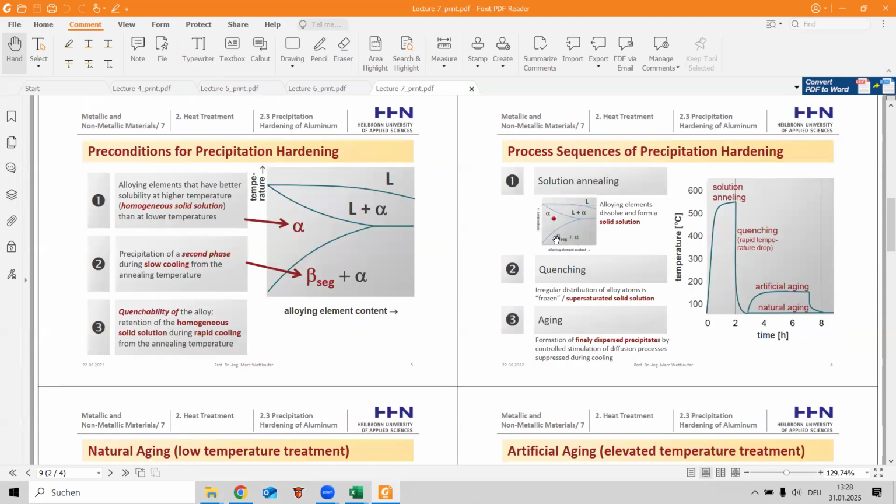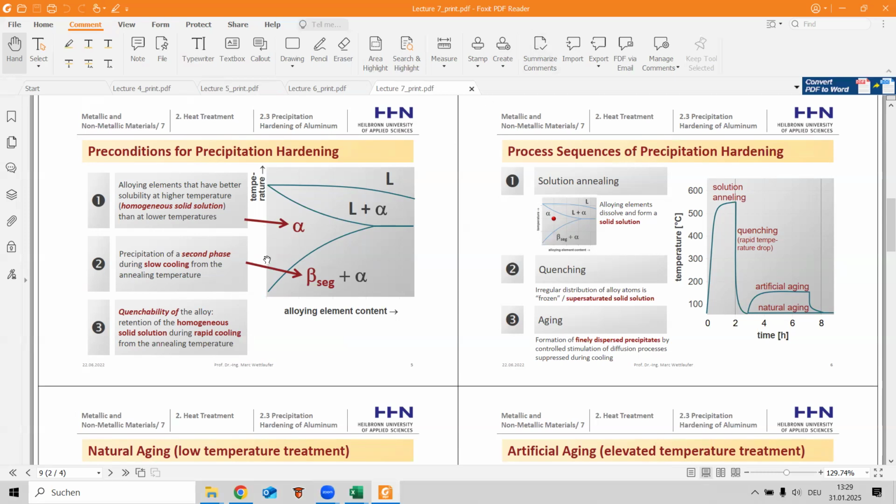The conditions for precipitation hardening: better solubility at higher temperature, so a homogeneous solid solution, than at low temperature. Precipitation of a second phase during slow cooling from the solution temperature. Quenchability of the alloy: retention of the homogeneous solid solution during rapid cooling from solution temperature.